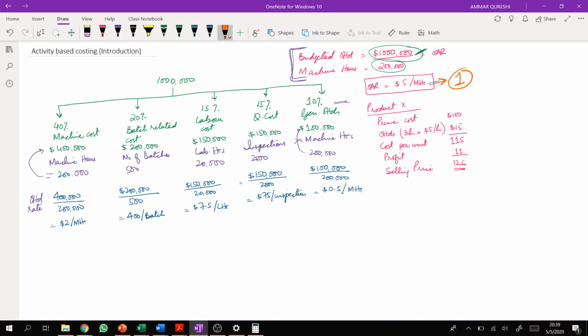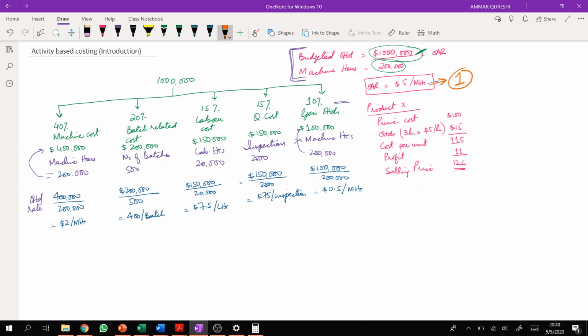That's basically the idea. Now overheads are distributed more accurately to the product, because those overheads which get affected by labor hours are distributed on the basis of labor hours. Those affected by number of batches are distributed on the basis of batches. Those related to inspection are distributed on the basis of number of inspections.